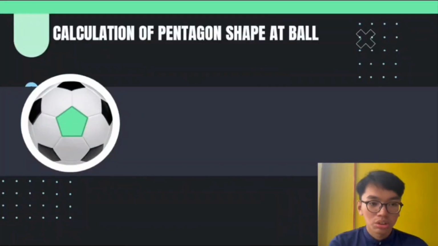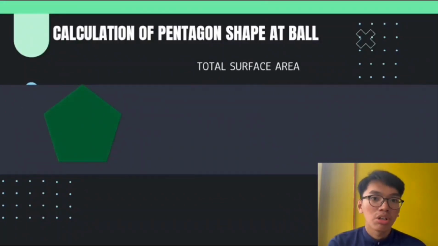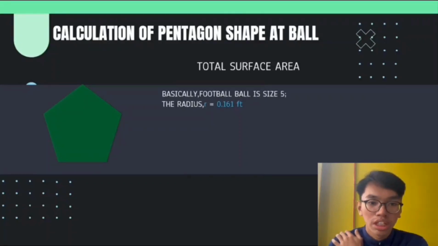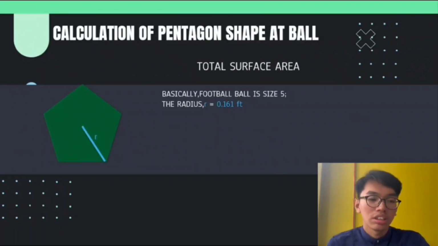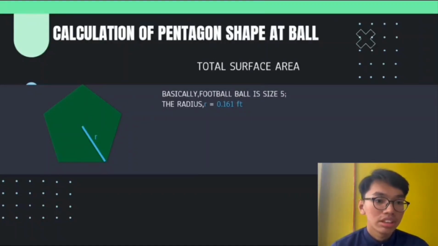So we are going to find the surface area of a single pentagon shape on a football. Basically, a football is size 5. That means the radius of a single ball equals 0.161 feet. As you can see in the picture of the pentagon, the blue lines mean radius.